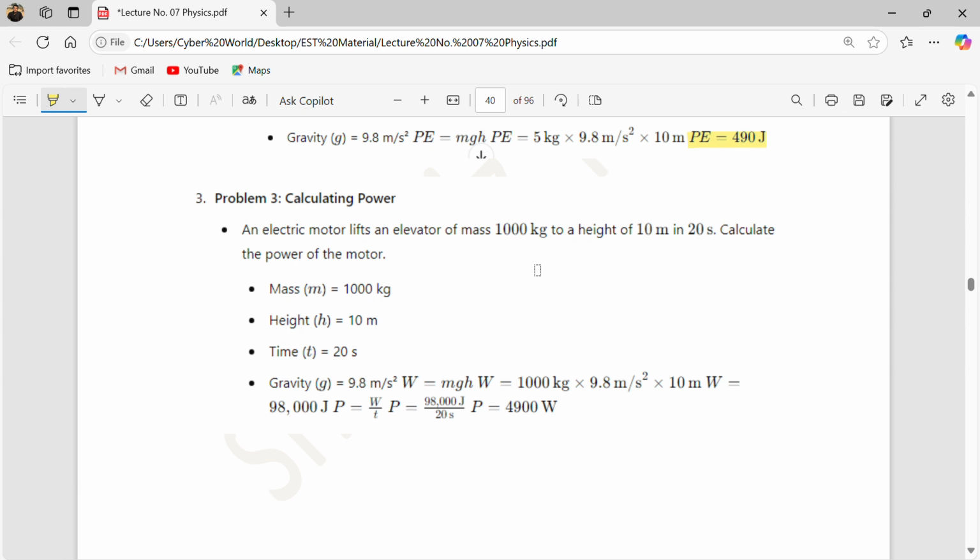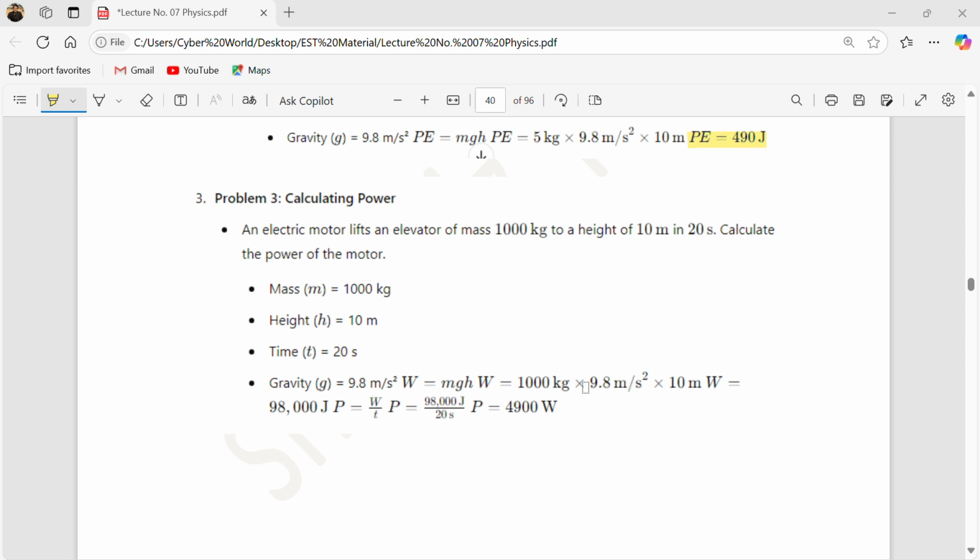So M is 1000, and A is 9.8, which is the gravitational acceleration. So F equals MA, as I told you, where A is 9.8 and M is the mass, which is 1000. After multiplying 1000 by 9.8, you will get the value of F.